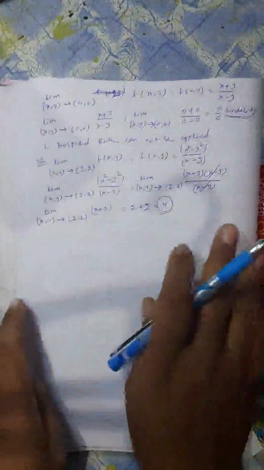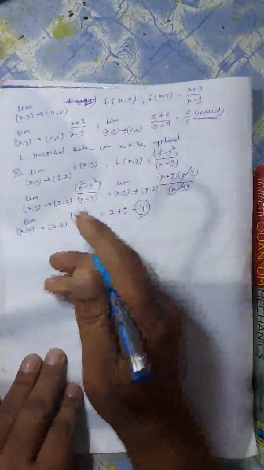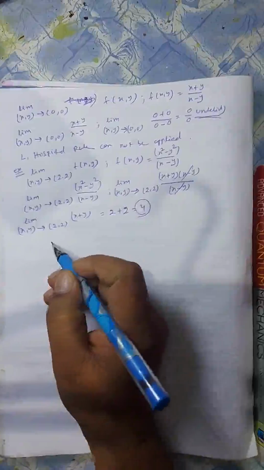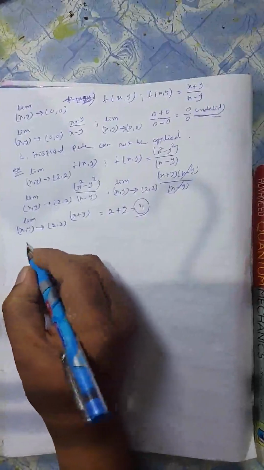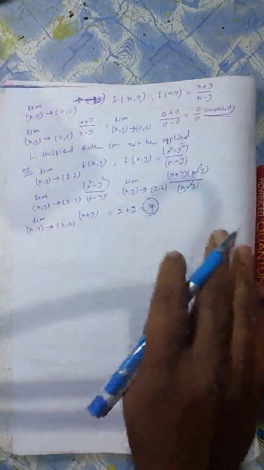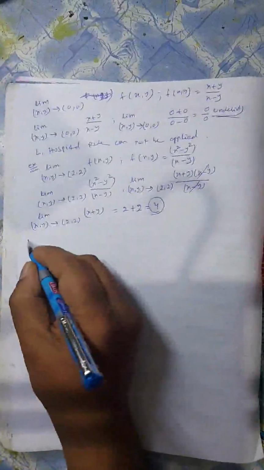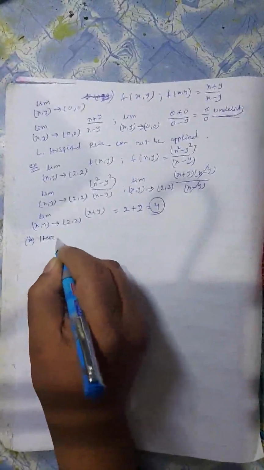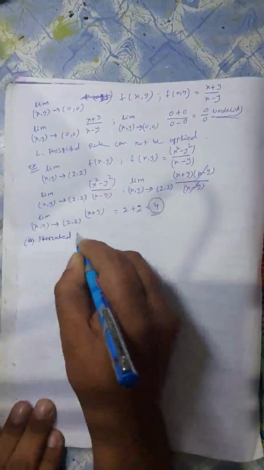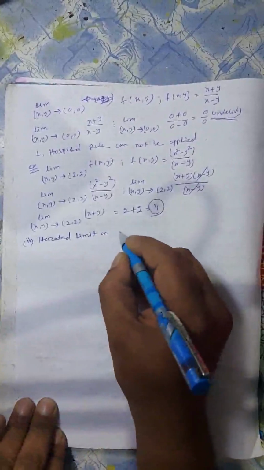Today we have to discuss another type of limit which is called the iterated limit, or repeated limit.